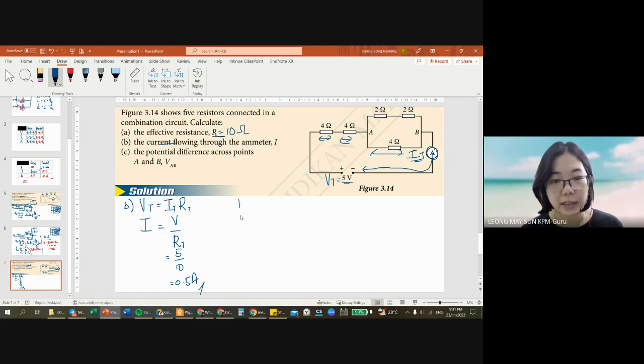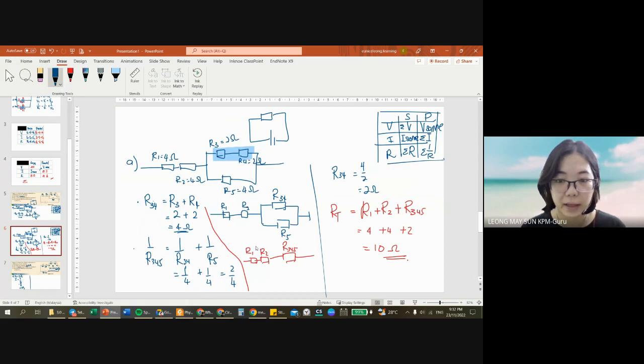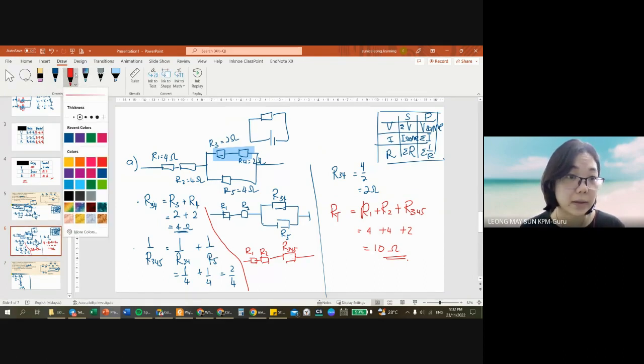Okay, and finally, the last question asks us to calculate the potential difference across points AB. AB is here. We have resistor 3, resistor 4, and resistor 5 here. If I want to get the potential difference across AB, I look back over here. Let me use another color to show you guys.